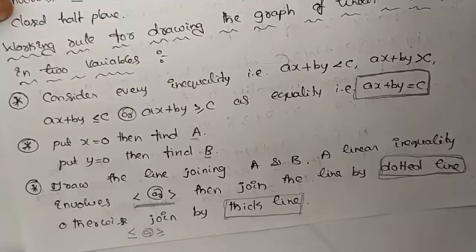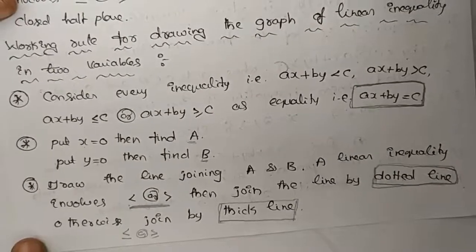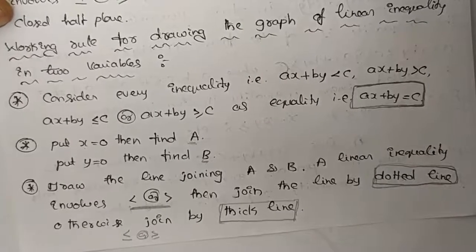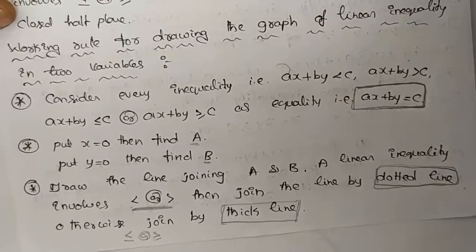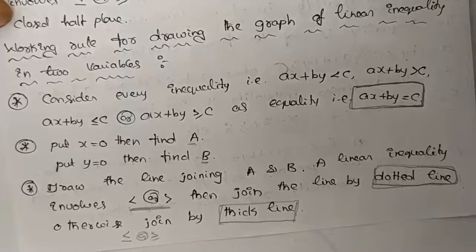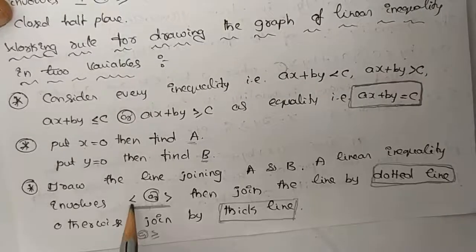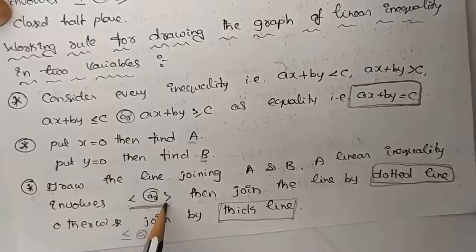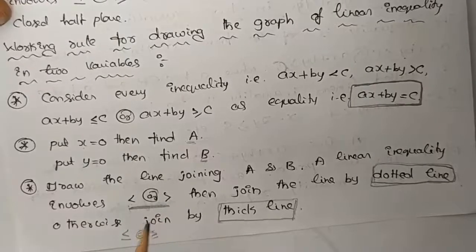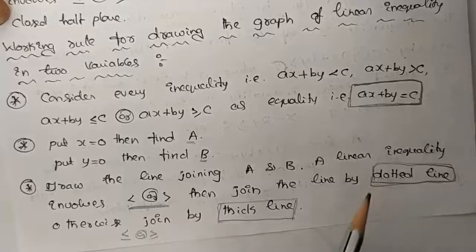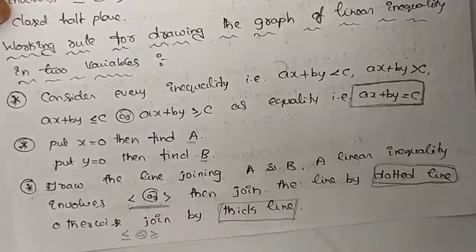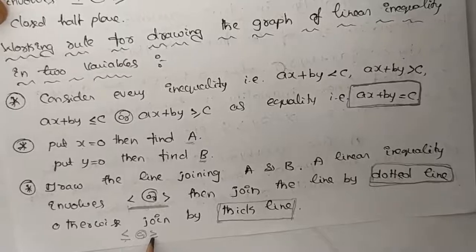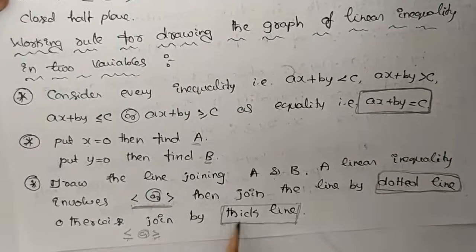I understand. If we solve one or two problems, then only you will get to know how to draw a dotted line and how to draw a thick line. You just remember that if the inequality involves less than or greater than, we draw the line by a dotted line in the graph. If it involves less than or equal to, or greater than or equal to, then we draw the line by a thick line.